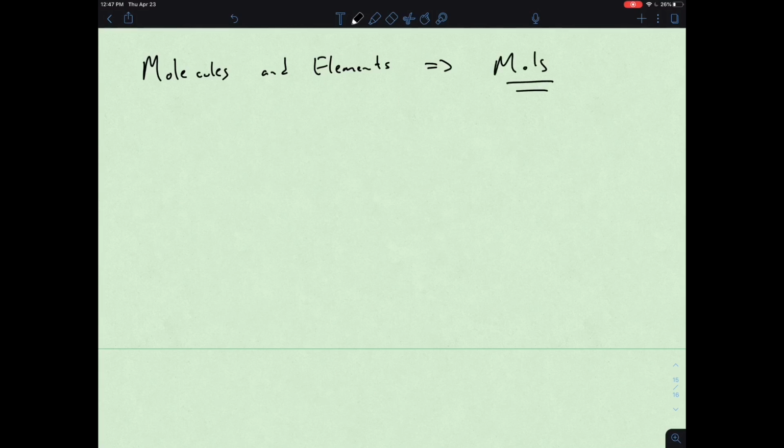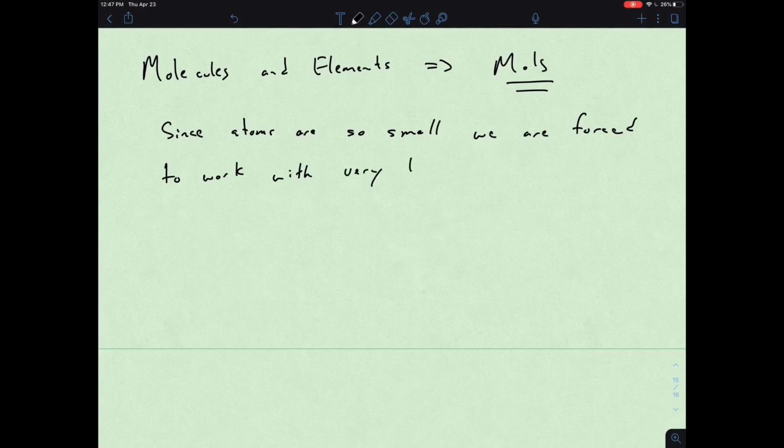And so when we look at moles, basically, since atoms are so small, we are basically forced to work with very large amounts of atoms.